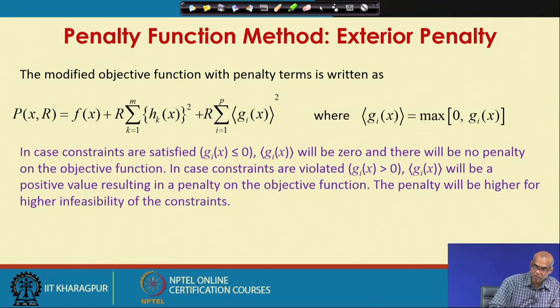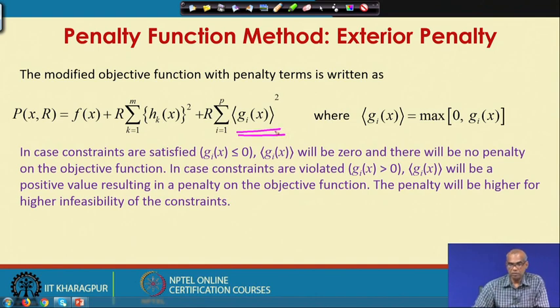In case constraints are satisfied, the g(x) less or equal to 0 means the constraints are satisfied. So, we are solving a minimization problem with inequality constraint g(x) less or equal to 0. So, in case constraints are satisfied, the contribution of this bracket operator will be 0 and there will be no penalty on the objective function.